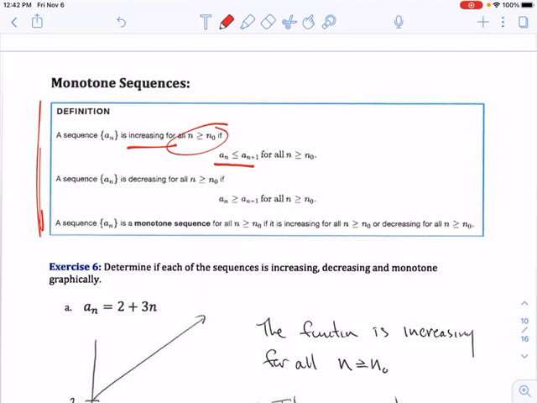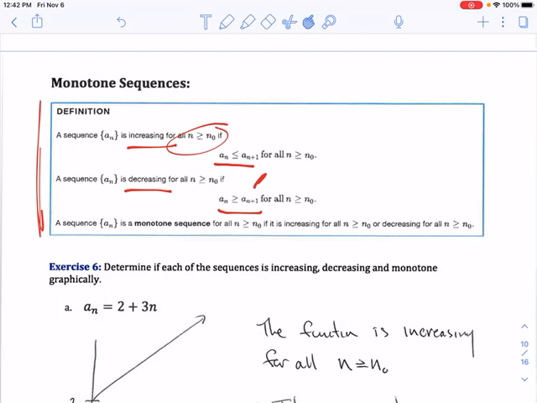If every successive term in a sequence is larger than the one before it, it is increasing. Likewise, it is decreasing if a sub n is greater than or equal to a sub n plus 1. In other words, if every successive term, a sub n plus 1, is smaller than the one before it, then it is decreasing. That makes sense when we take a look at the graphs.